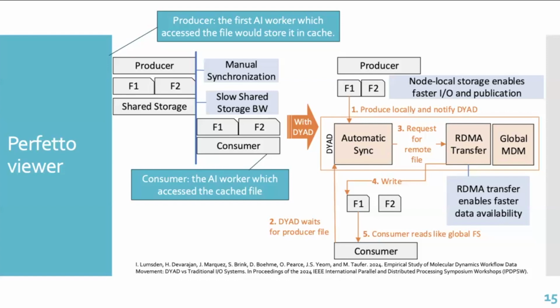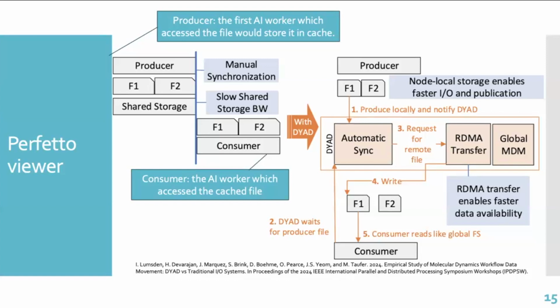In the context of AI, you can think about this as a caching layer, in the sense that when the first read in the first epoch happens, you could cache that data on the node local storage. You can think of it as a producer, and then other processes on the same node or different nodes could read from this cache efficiently. That's the context of how we use it, because this was originally built for write once, read many, which is more popular within workflows.